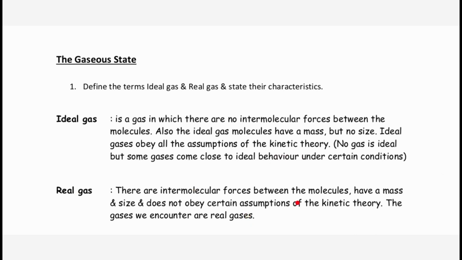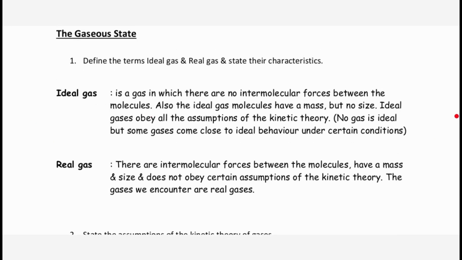As for the ideal gas, there's nothing called an ideal gas, it's just a concept. The ideal gases do obey all the assumptions of the kinetic theory. In fact, there is no gas which is ideal in reality, but it's just a concept.